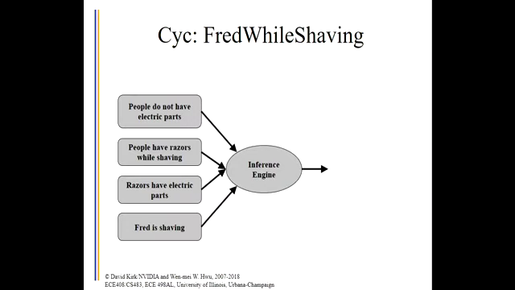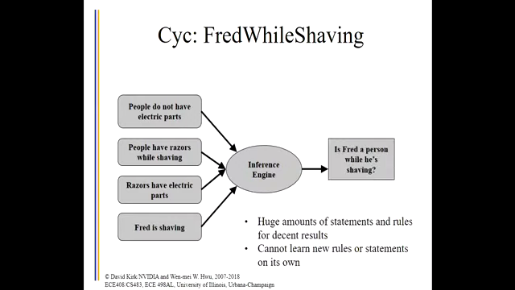Some students did question that, but let's say I don't have electric parts. And people have razors while shaving. So when people shave, they have razors. And then razors have electrical parts. And then Fred is shaving. So these are the 4 statements that you have as facts in your system.